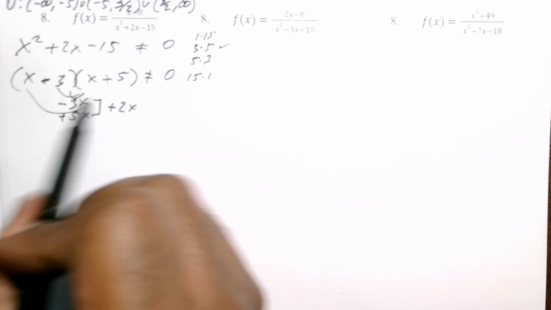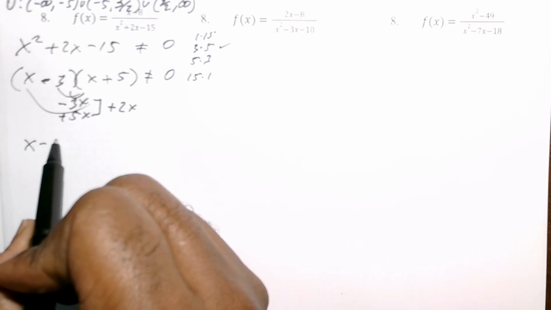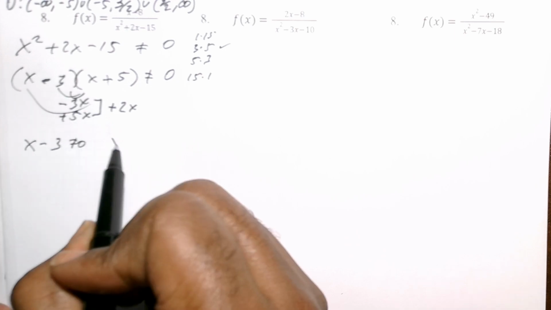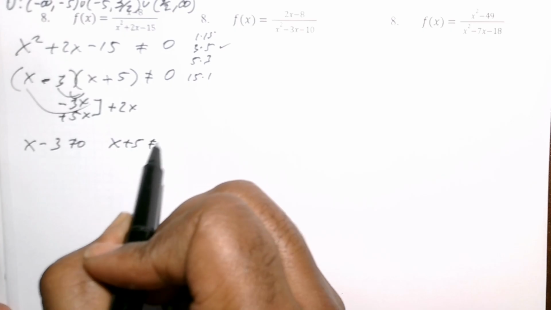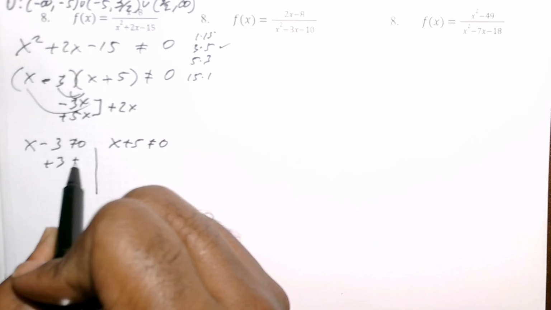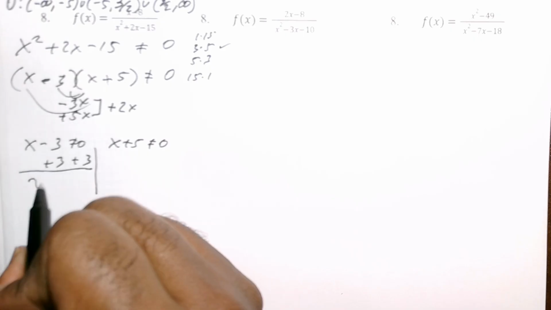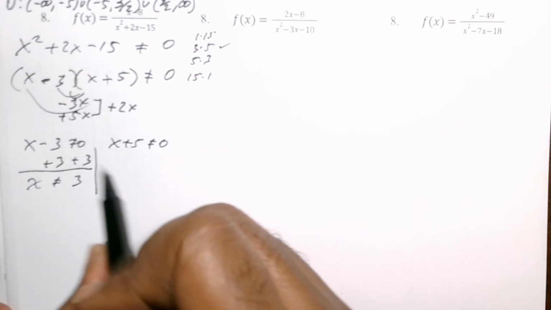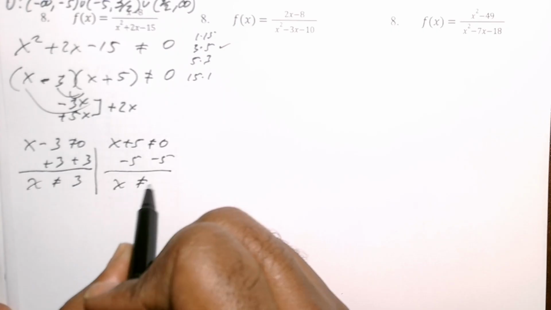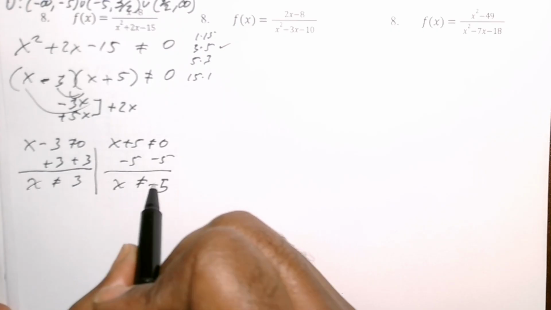Now let's take these binomials and solve them both for 0. x plus 5 equals 0. Okay, and I'm going to add 3 to both sides here. This will give me x cannot be 3. Subtract 5 from both sides here, and I'll get x cannot be negative 5.